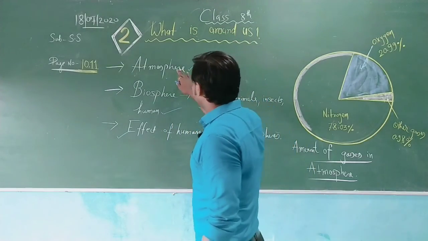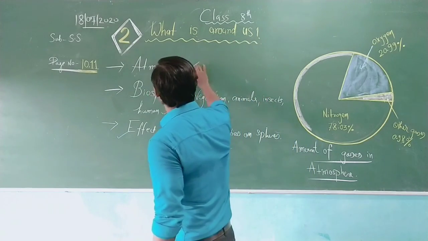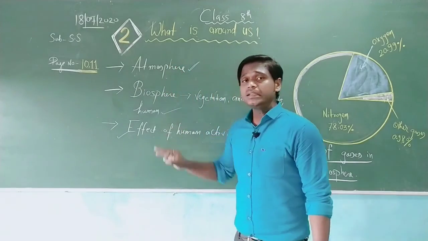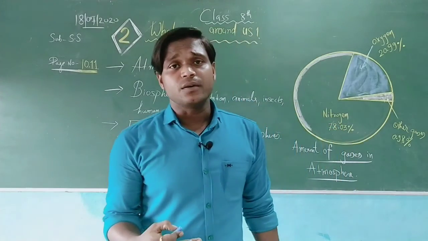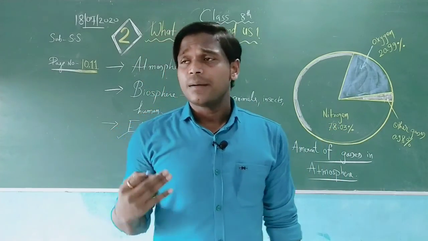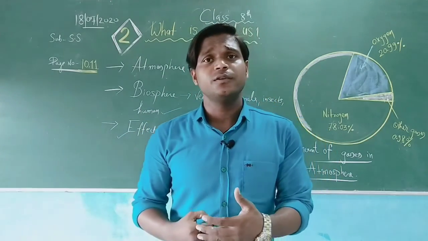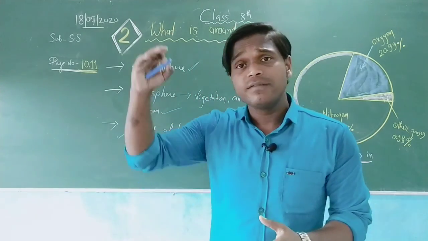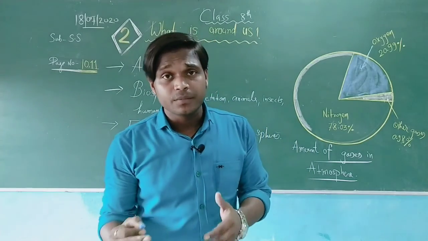So if I talk about the atmosphere, my dear students, oxygen is in a very high amount in volume or quantity, and it decreases when we move upward from ground level.